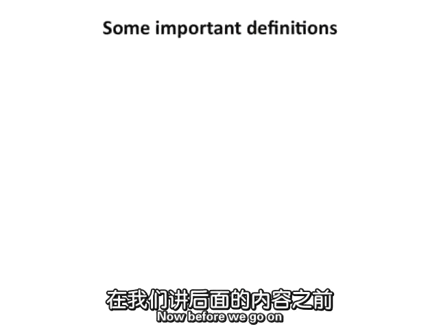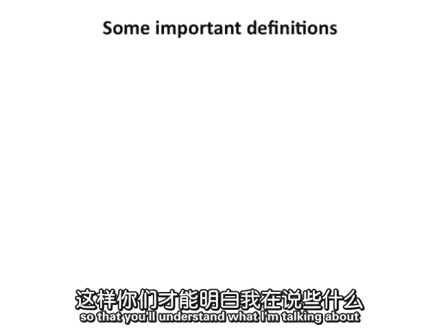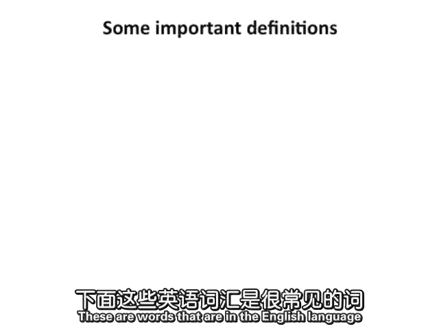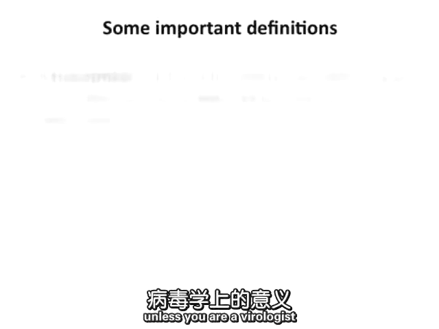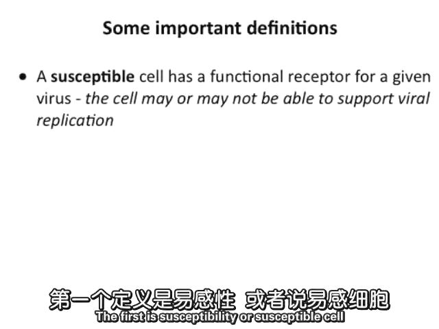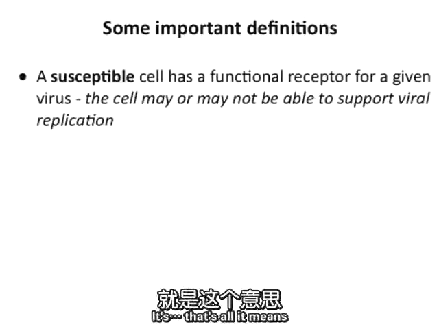Now, before we go on, we have to have some important definitions up front so that you understand what I'm talking about. And these are words that are in the English language and not necessarily have some virus-specific meanings unless you're a virologist. The first is susceptibility or susceptible cell. A susceptible cell means that the cell has a receptor for a virus. That's all it means.